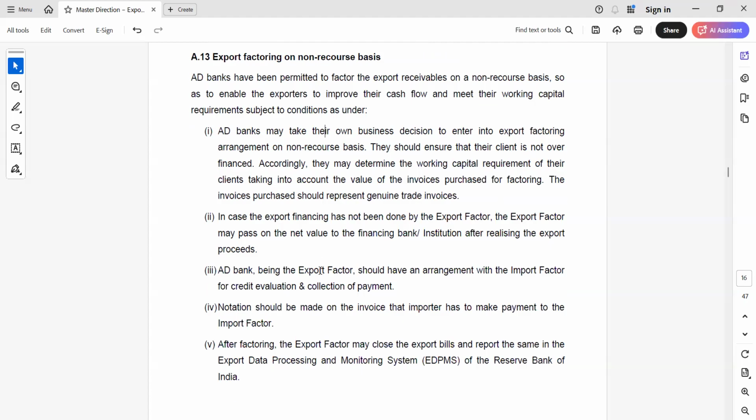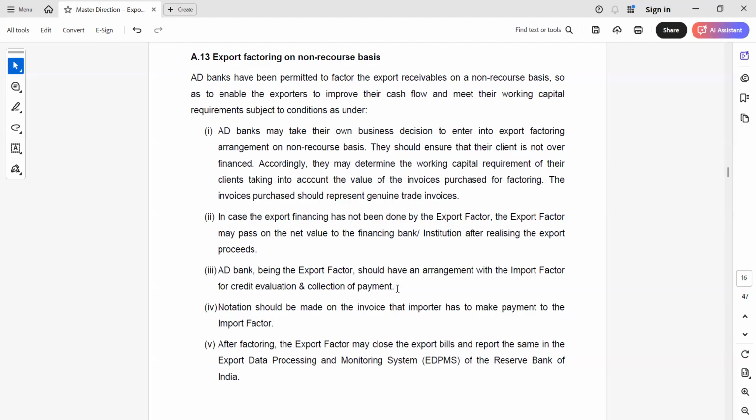The AD Bank being the export factor should have an arrangement with the import factor for credit evaluation and collection of payment. So the bank has to understand whether this arrangement is available or not. The bank will take the credit opinion of that overseas party and will also see by which way they will collect the payment.